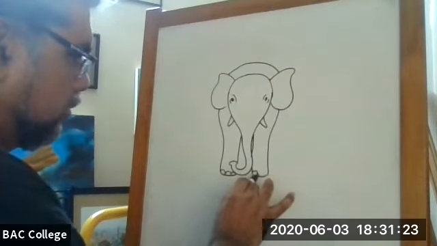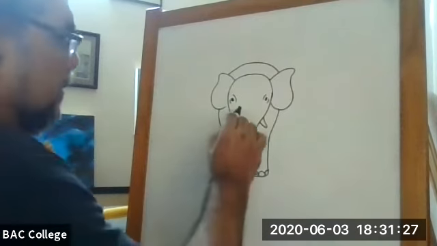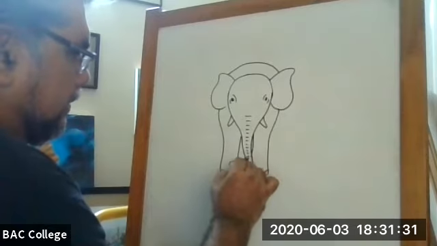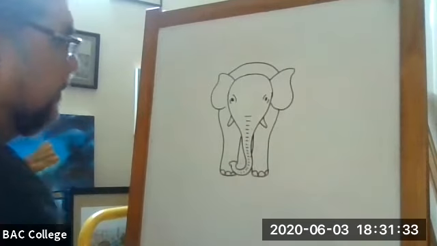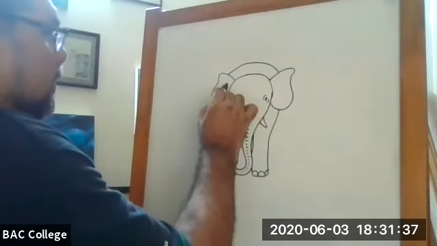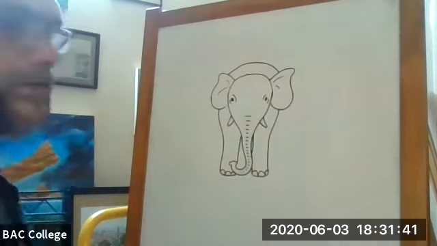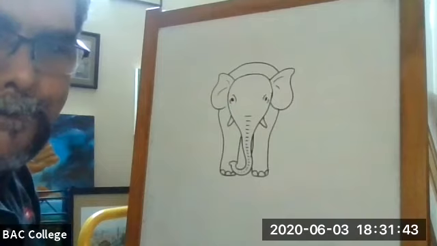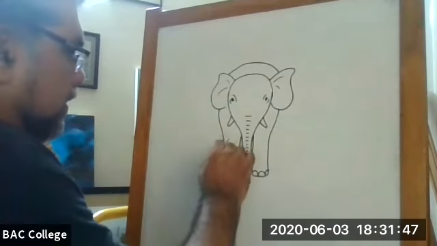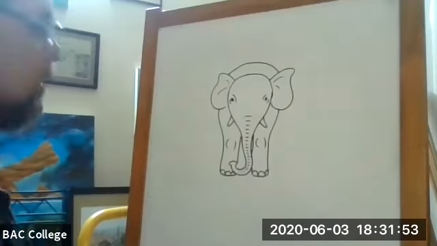Get the toenails, I think. And then you get the little lines here. You can get the small lines for the ears like that, right? And then you get the knee like so.